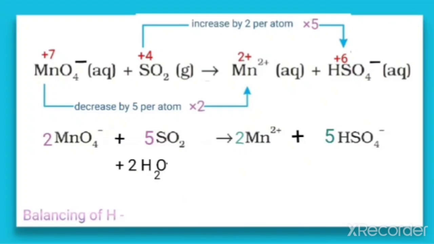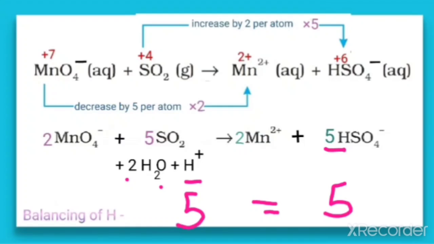Now when you check, the hydrogen is balanced, because 2 into 2, that is 4 plus 1, that is 5 hydrogen on the left hand side, and here it is 5 hydrogen on the right hand side.